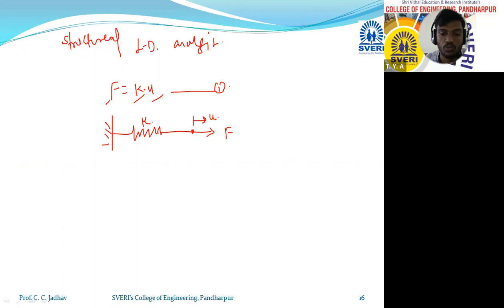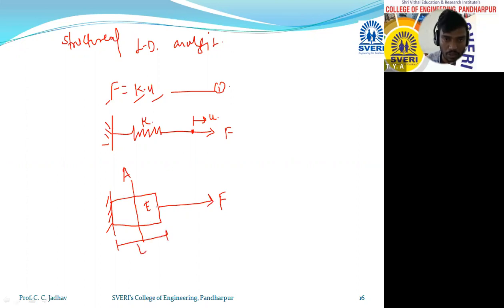Okay, so the same logic we can apply to find the stiffness of the one-dimensional bar element. This is a one-dimensional bar element, with one end fixed and one end free, where force is applied. Here you can see the area of cross section, this is the Young's modulus value, this is the length of the component, and this is the displacement of the component.